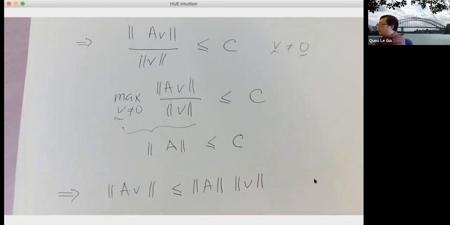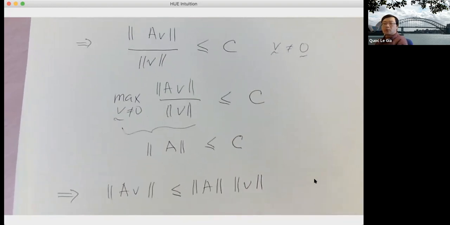But when you write it out like this, make sure you understand what is going on. This is the norm of a vector, but this one is the norm of a matrix.